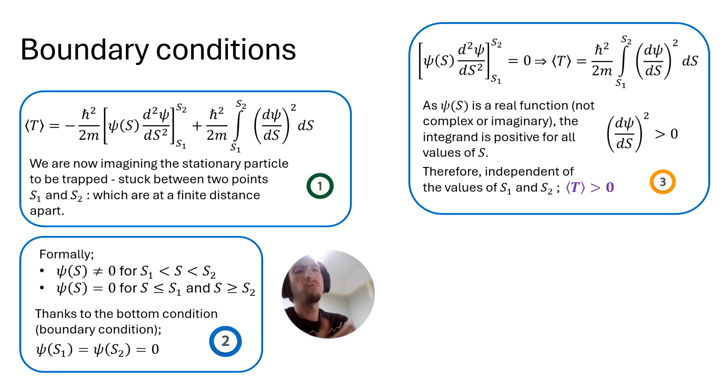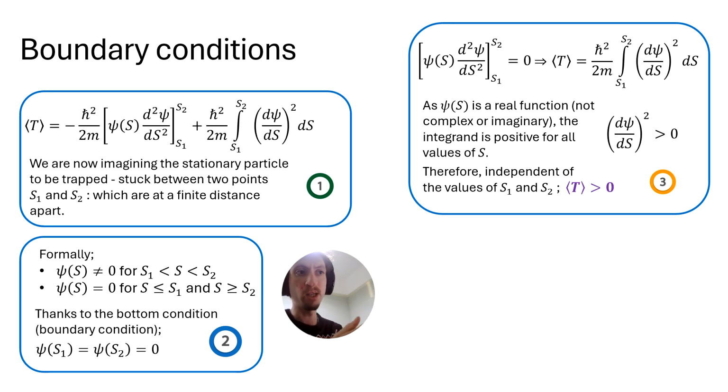Now you might go, well, okay, d psi by ds when squared can't be negative, but why can't it be 0? Well, the reason it can't be 0 is this. Remember that psi at S1 and psi at S2 is 0. Now, if the gradient between S1 and S2 was 0, then psi wouldn't change between those boundary points.